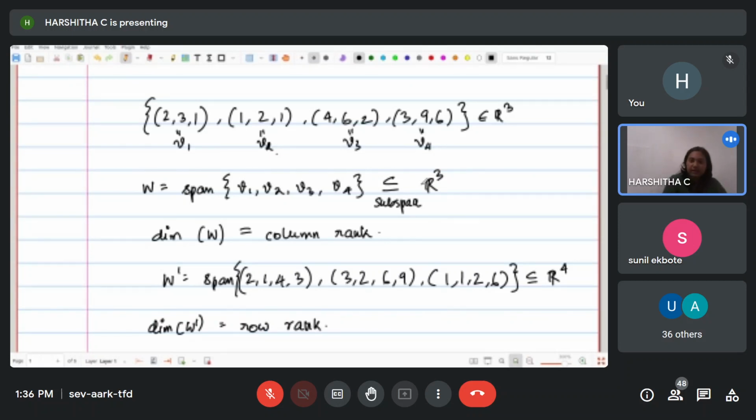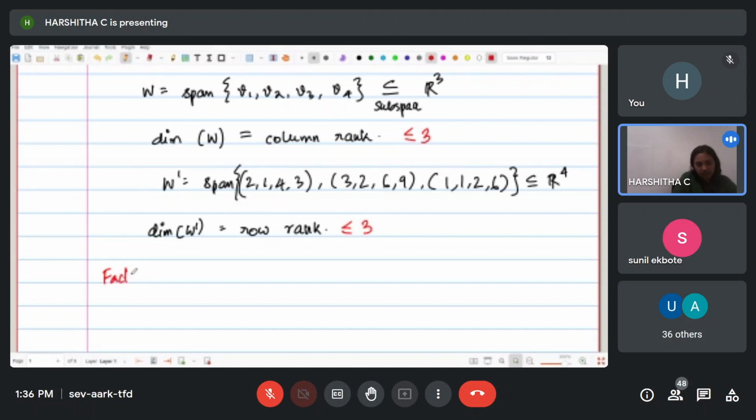In both cases, since the column space is a subspace of R3, the dimension will be less than or equal to 3. And here, since it is the span of 3 vectors, this will also be less than or equal to 3. And it is a fact, which can be proved, that given any matrix, the row rank is always equal to the column rank, which we just generally call the rank of a matrix, right?